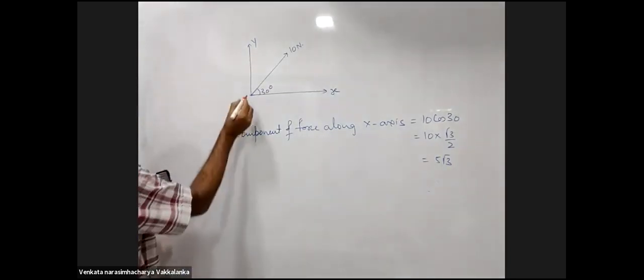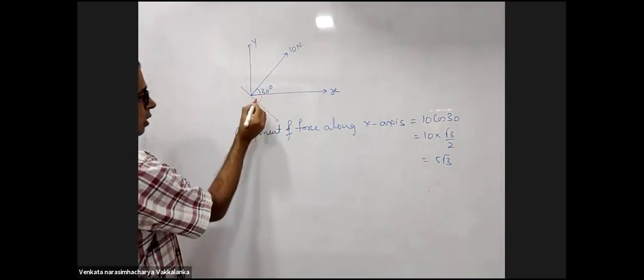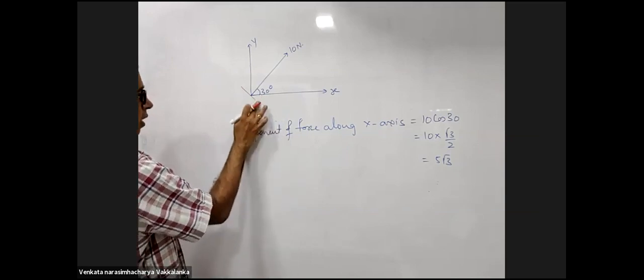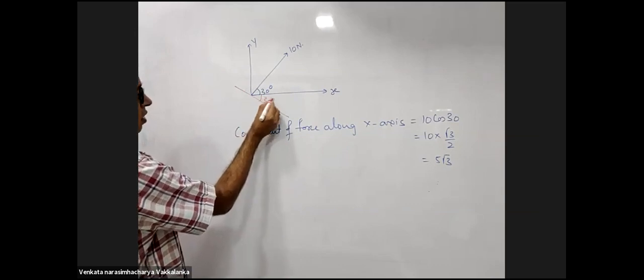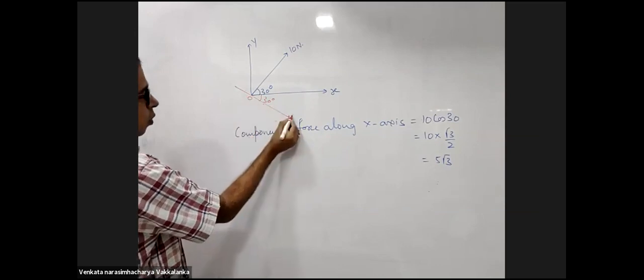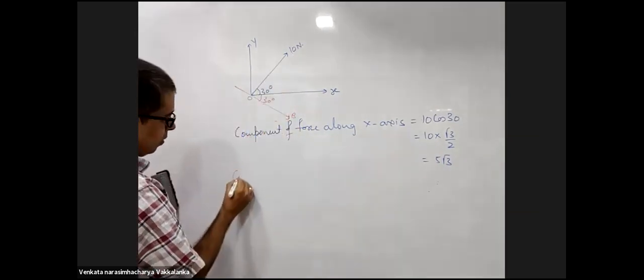Now listen. I have a reference line along this direction. This angle I am giving you is 30 degree. Call this OB. Component of this vector along OB.